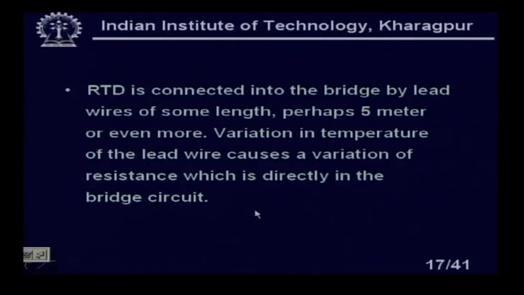Now, another problem with the RTD is that you cannot put it very close to the point of measurement. I need a certain amount of distance from the point of measurement where I will install the RTD, and there should be a certain distance where I will make the measurements.